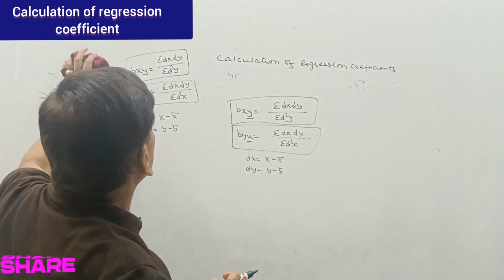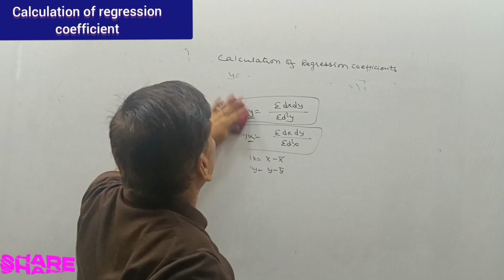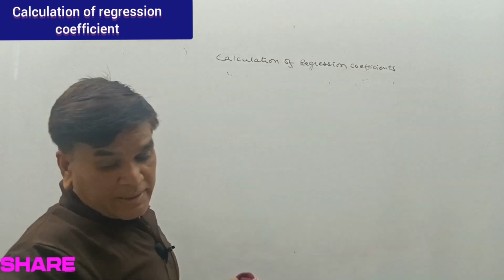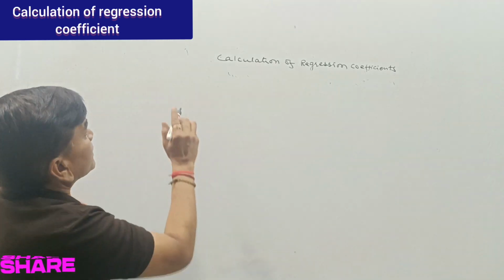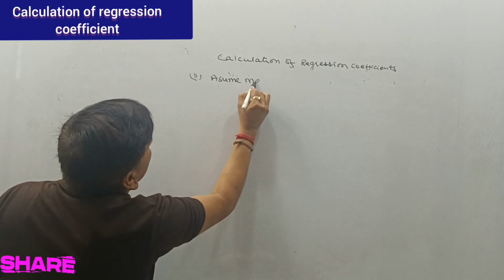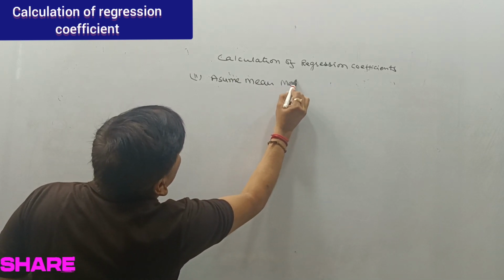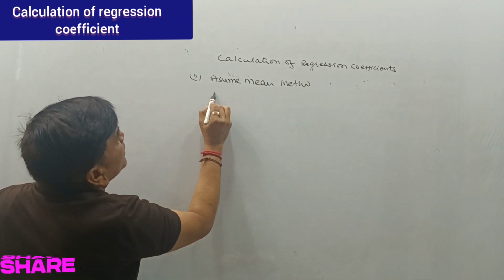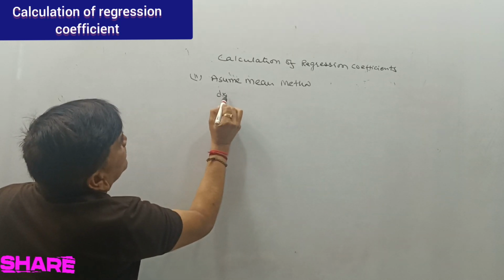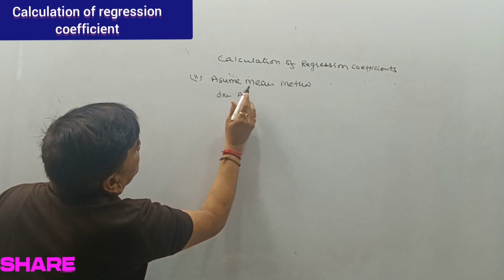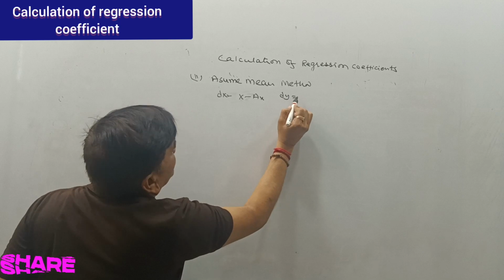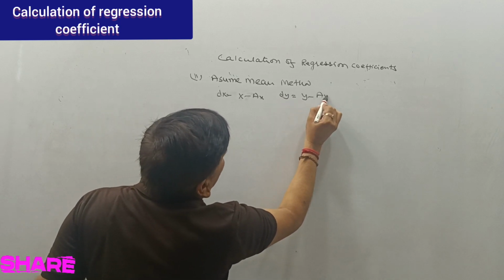The second method is the assumed mean method. If you are to calculate the regression coefficient with the assumed mean method, suppose we have an assumed mean of x, then dx is equal to x minus the assumed mean of x and dy is equal to y minus the assumed mean of y.